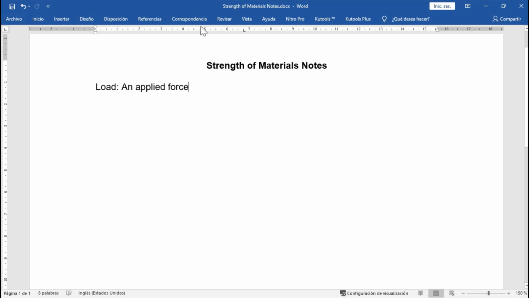So this is dynamic loading. Okay, remember, load in this context is an applied force, and dynamic loading is when we apply a force several times to a member, for example, a piece of wood. Imagine that you're hitting the wood a lot of times. This is dynamic loading, and how much that piece of wood can resist this dynamic loading. This is like the logic, okay?